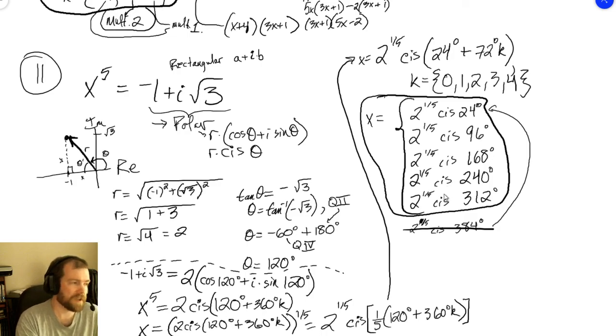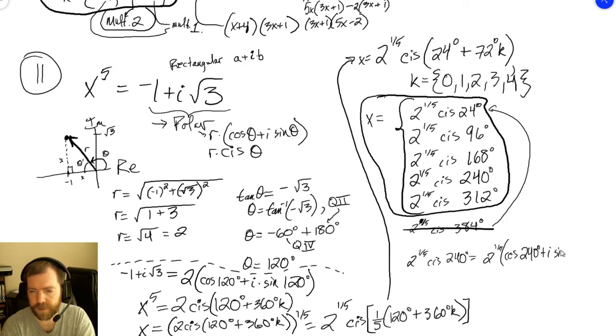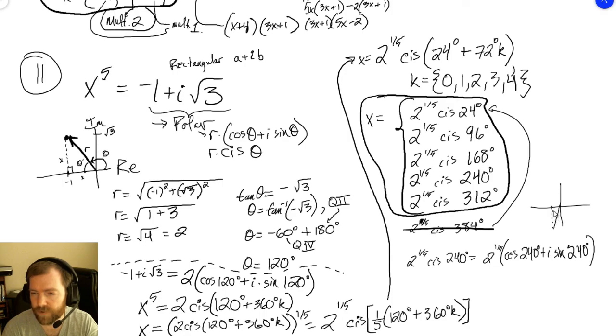If you want the answers in rectangular form, then you have to undo all of this by actually plugging it into your calculator. The 240 is an easy one that you can do. So you end up with 2 to the 1/5 times the cosine of 240 plus i sine 240. All right, 240 degrees is a 60-degree reference angle in quadrant 3.